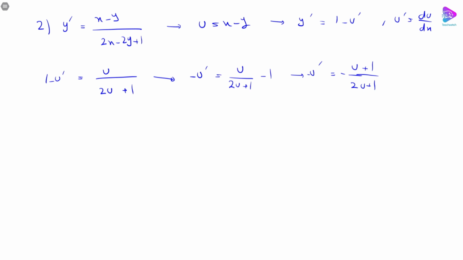There we go. So we're almost done, correct? So we can say du over dx is now equal to u plus 1 over 2u plus 1. And then we can simply integrate. Let's just do it quick.